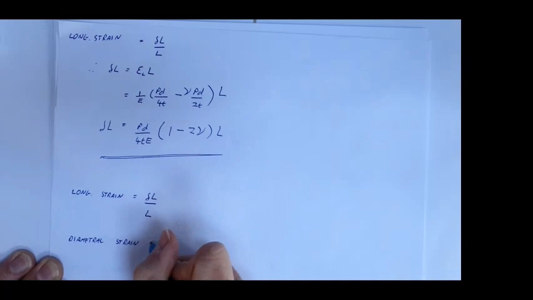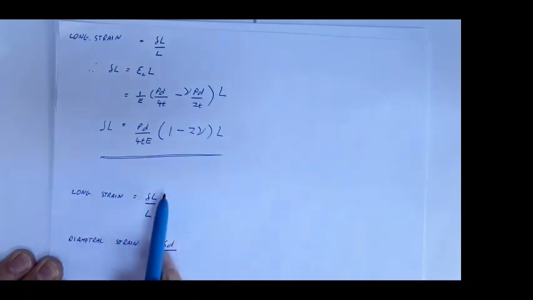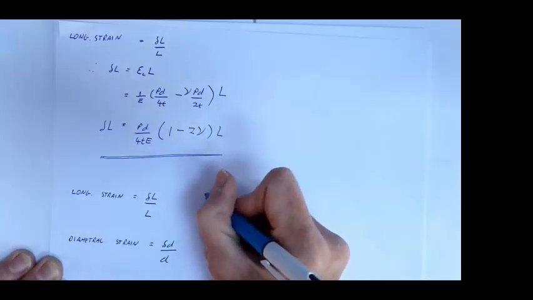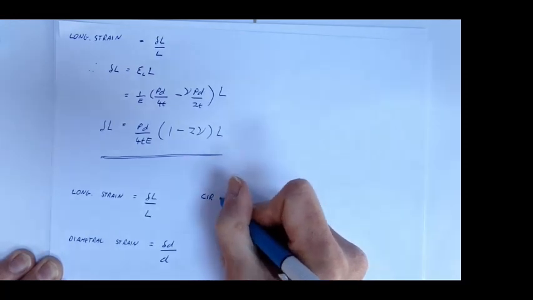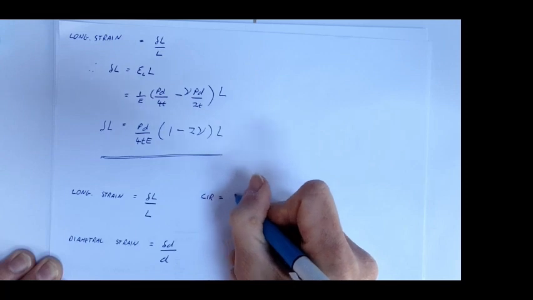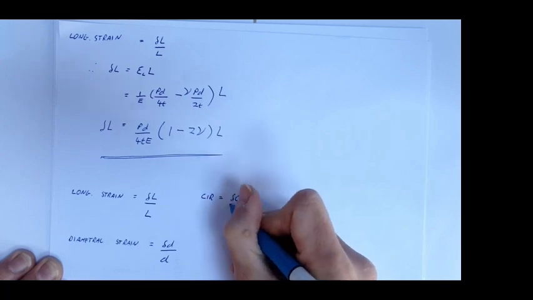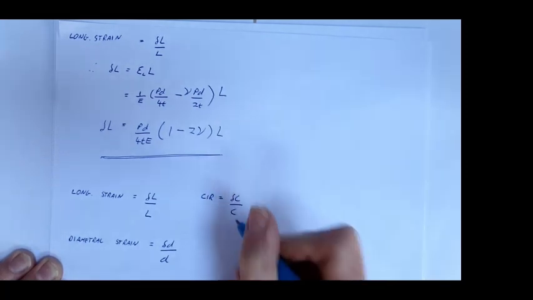Diametral strain is simply the change in diameter over the original diameter. We can also think of circumferential strain, which is the change in circumference over the original circumference.